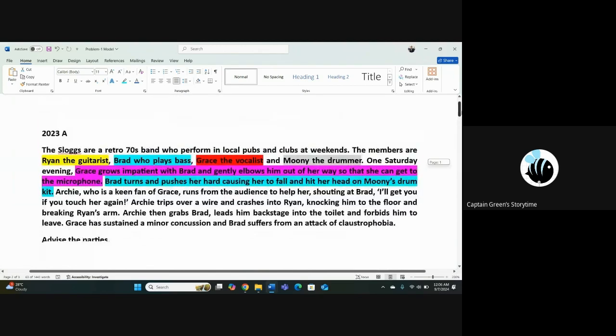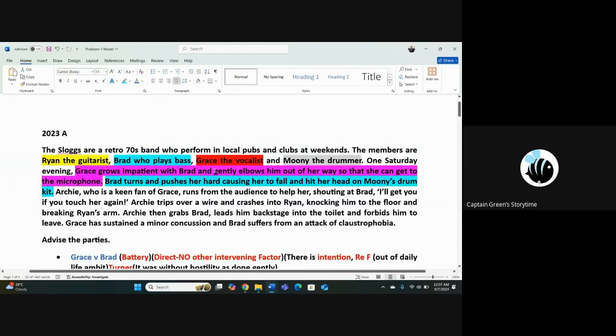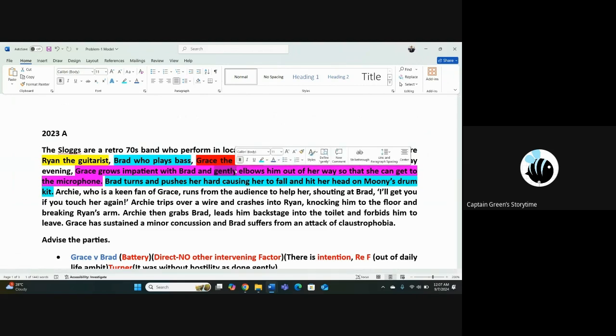Going back into the facts, let's again see here that it was done gently. Thus, there is no intention and hence one of the elements is not proved and there is no battery and there is no offense committed by Grace towards Brad.